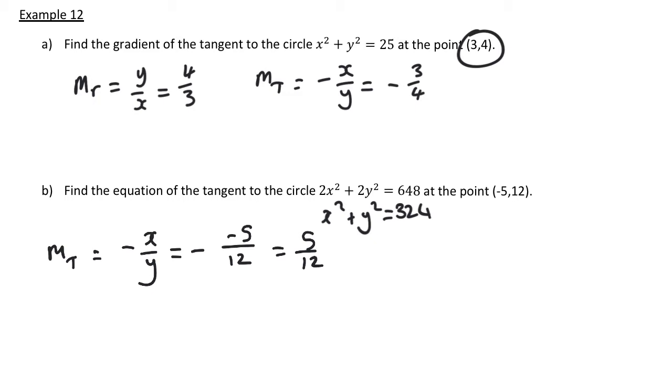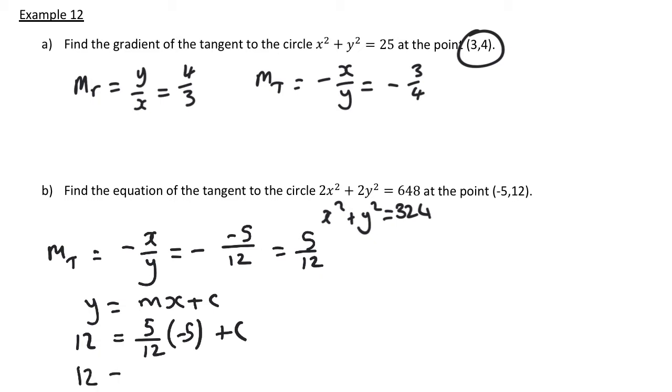To work out the equation of the tangent, the equation is going to be y equals mx plus c. The gradient is 5 over 12. The x value is minus 5. The y value is 12. We don't know c, but we're going to try and find that out. So 12 equals 5/12 of minus 5, which is minus 25 over 12, plus c.